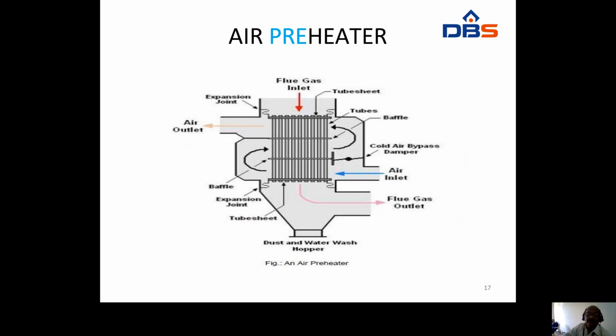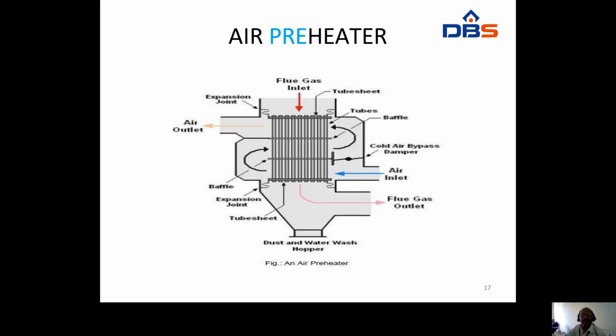Air preheater. Here there is the air inlet, where air enters. This is a preheater. Using the preheater, we increase the temperature of the air.